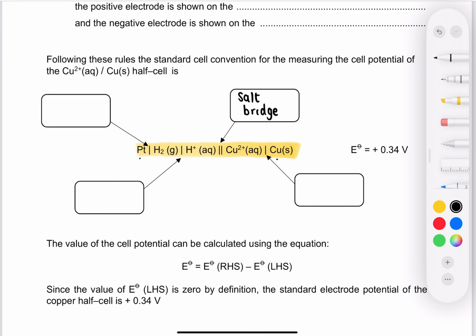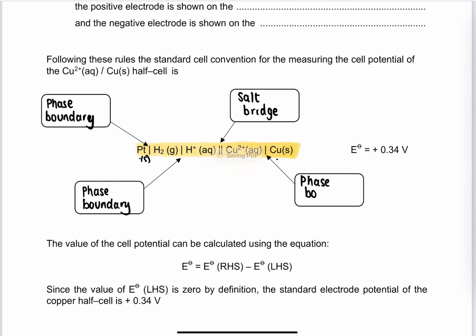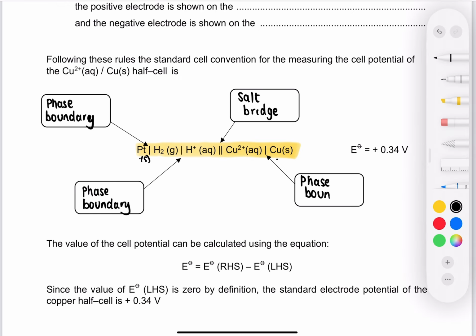A single line represents what's called a phase boundary, so a change of state. So where platinum is a solid and hydrogen is a gas, there's a phase boundary. Where hydrogen is a gas and hydrogen ions are a solution, there's a phase boundary. Where copper ions are a solution and copper is a metal, there's a phase boundary.